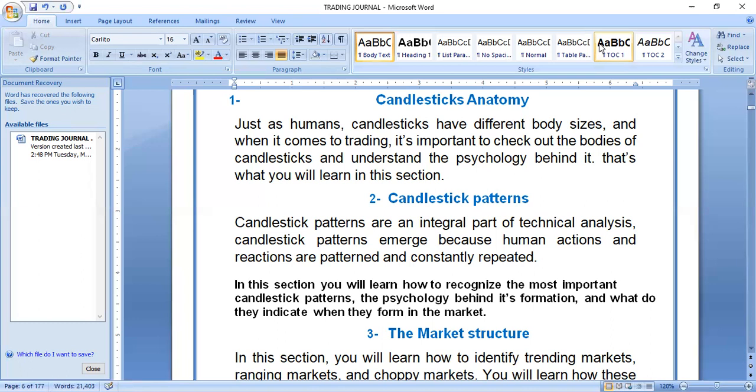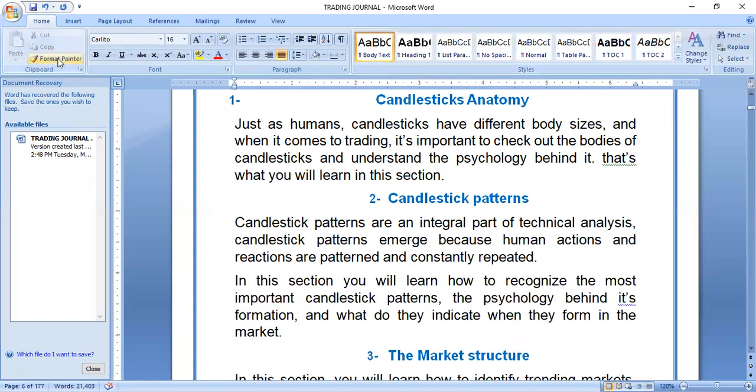I love my highlighter to mark on several things. First chapter, I'll be looking at the candlestick anatomy.